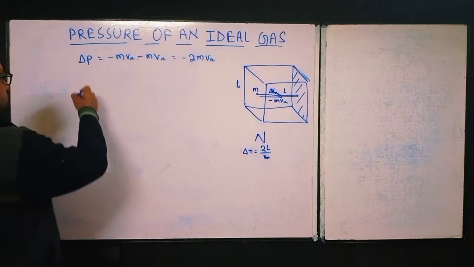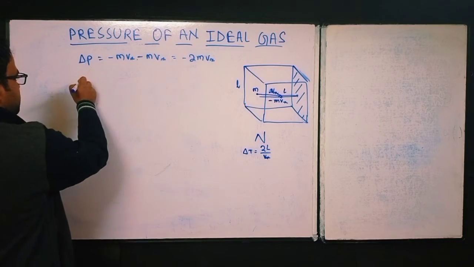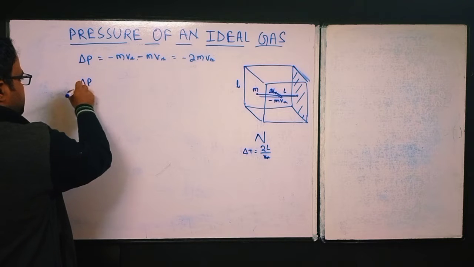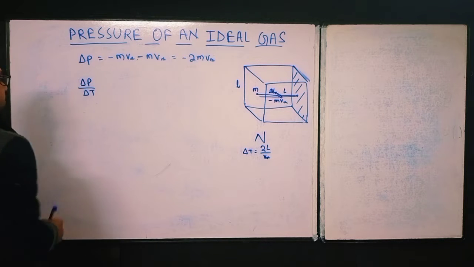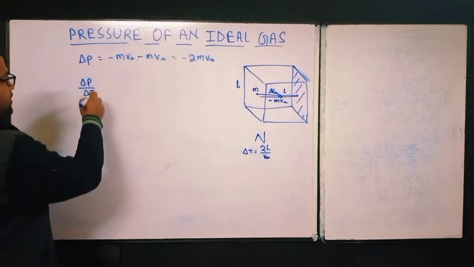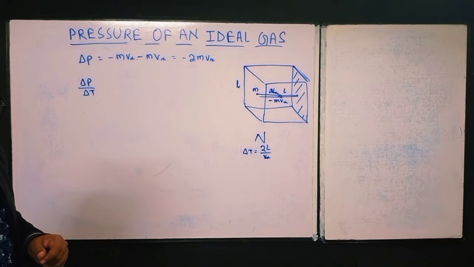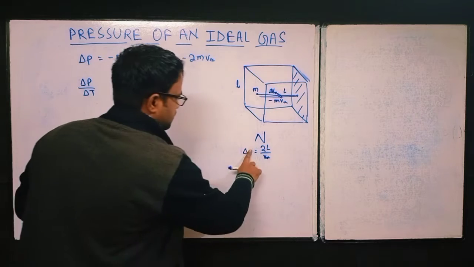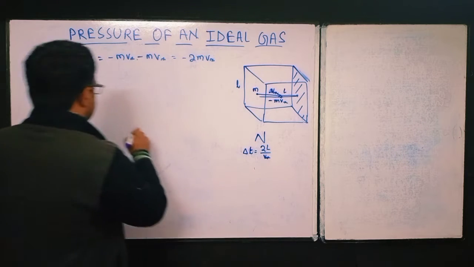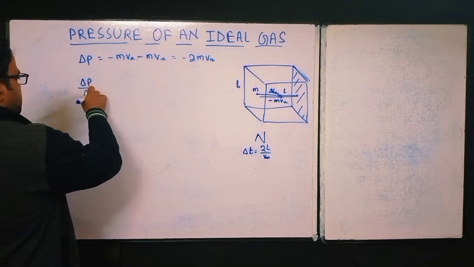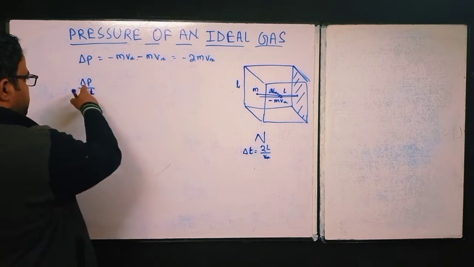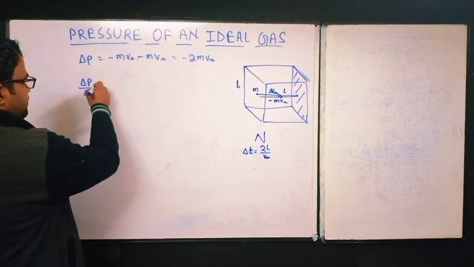So we'll write the rate of change of momentum, delta p by delta t, that is basically the force we are calculating.